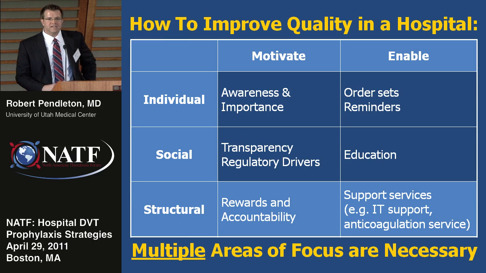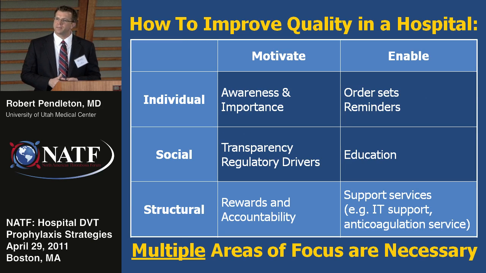Well, in a broad sense, if we look at how we actually go about improving quality in a hospital setting, in the end, we can motivate and we can enable. We can motivate individuals by awareness, right? Talking about the magnitude of DVT and patients who die of fatal pulmonary embolism.